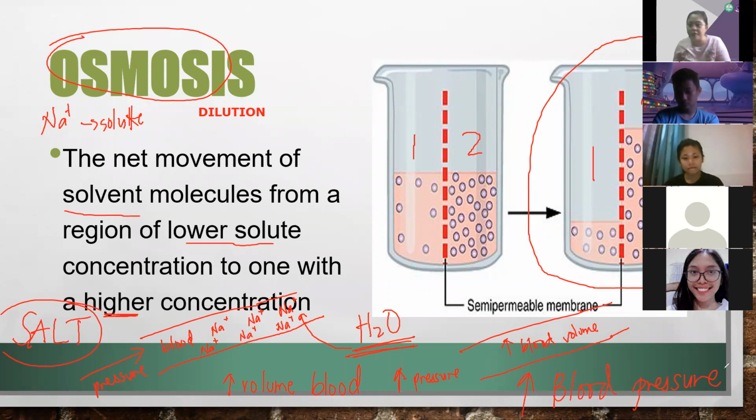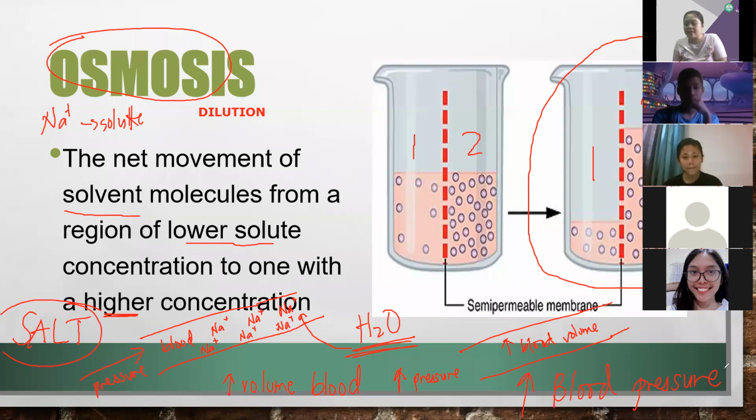This is the explanation why salty foods are not really that prohibited, pero if you have a hypertensive person, he has to lessen the salt intake kasi makaka-add up siya doon sa pag-increase ng blood pressure. Osmosis yung mag-e-explain dyan.